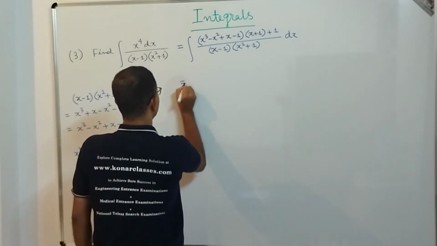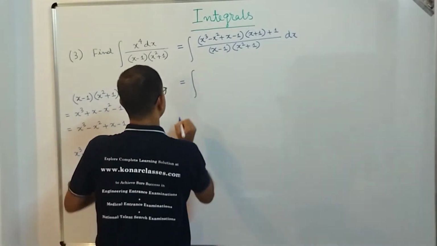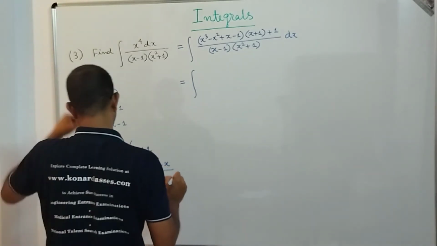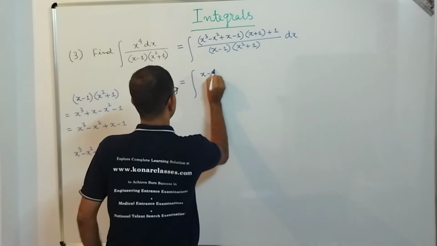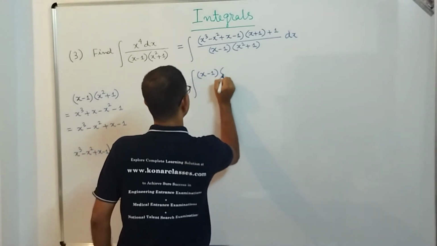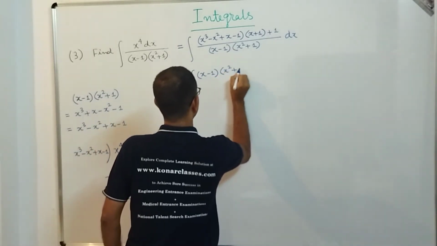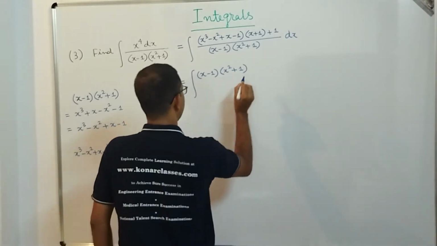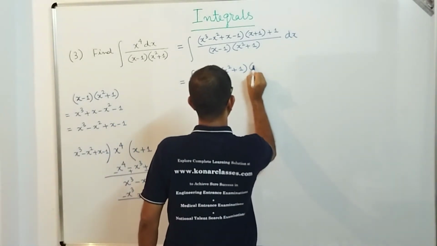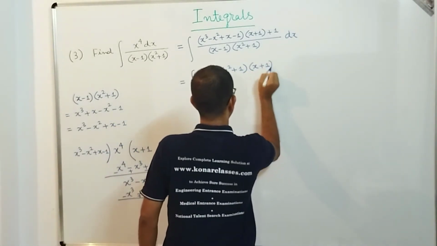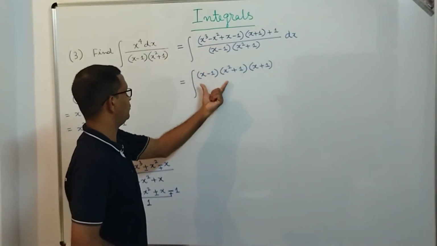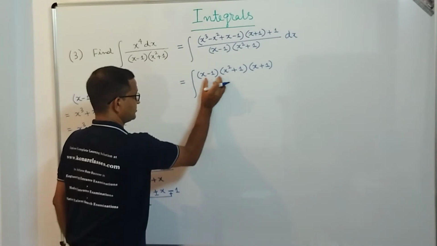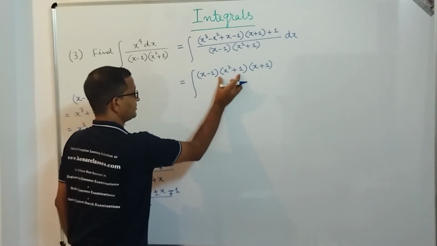So this is equal to integration of x minus 1 into x square plus 1, okay, into x plus 1. So instead of x cube minus x square plus x minus 1, we wrote only these two expressions, that is x minus 1 into x square plus 1.